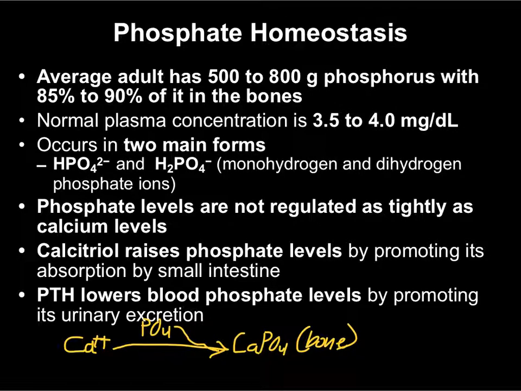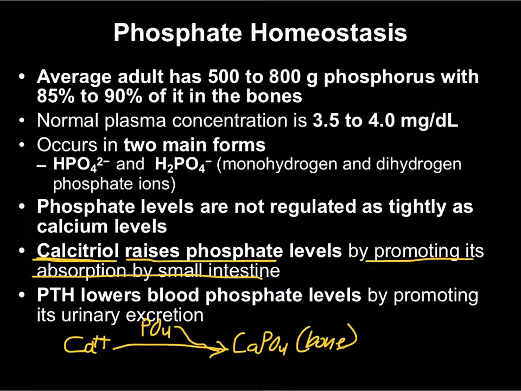So, calcitriol raises phosphate levels. This is going to be an interesting circumstance where calcitriol and parathyroid hormone work oppositely. All right? Calcitriol raises phosphate levels by promoting its absorption in the small intestines. Calcitriol is going to cause you to absorb more calcium, and it's going to cause you to absorb more phosphate with that calcium.